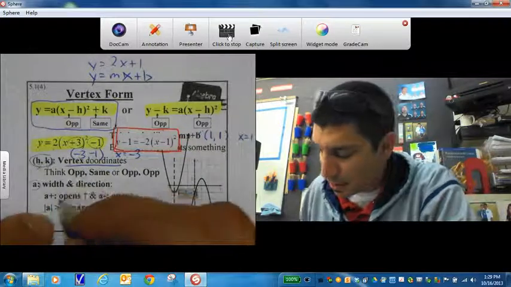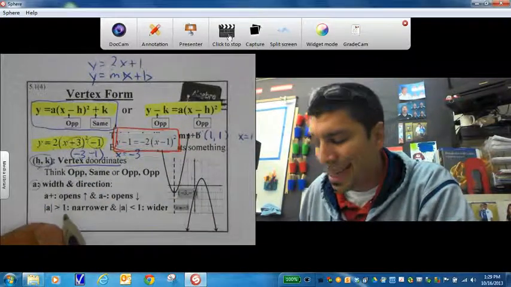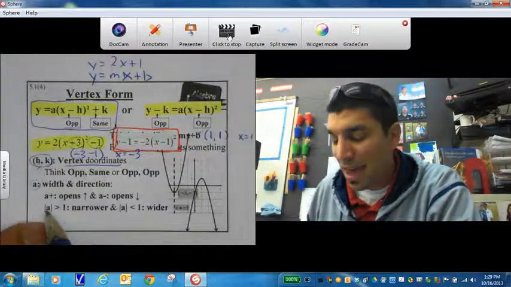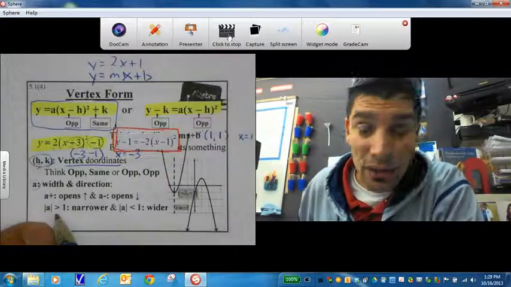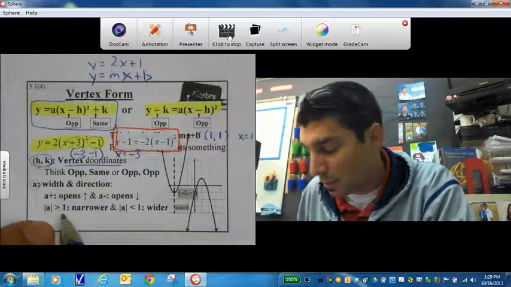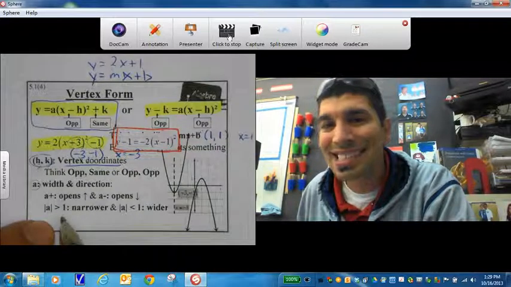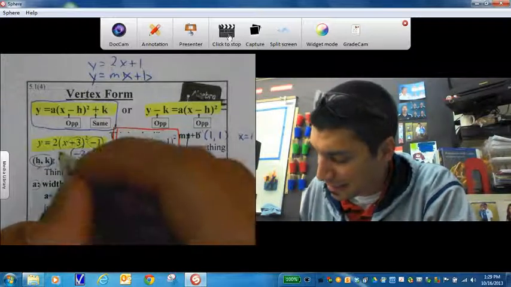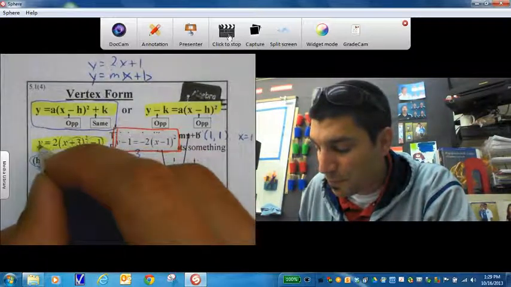Okay, how do I know how wide or how narrow it is? This is real, it's not linear, these are curved shapes. If the absolute value of A is greater than 1, then it's going to create a skinnier graph. Here's what I like to do. I kind of like think of it like this. I look at this over here and I see 2.